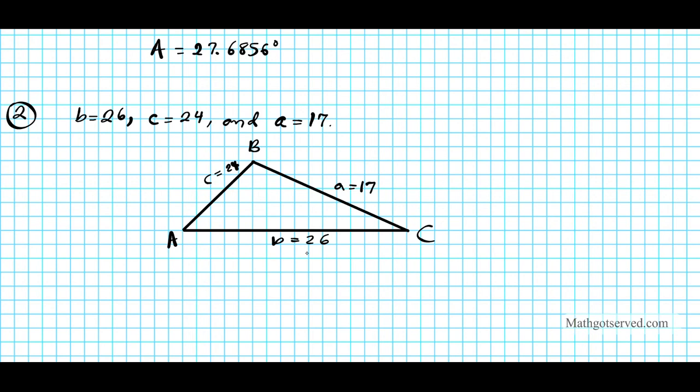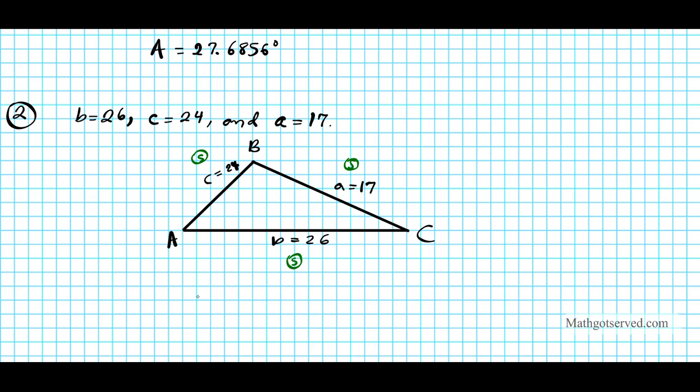This is an SSS situation because we have just three sides, S, S, S. So the only formula that has three sides without an angle is the law of cosines formula. Sorry. All three formulas for law of cosines will have three sides in them, so we can pick any one that we need to find an angle.